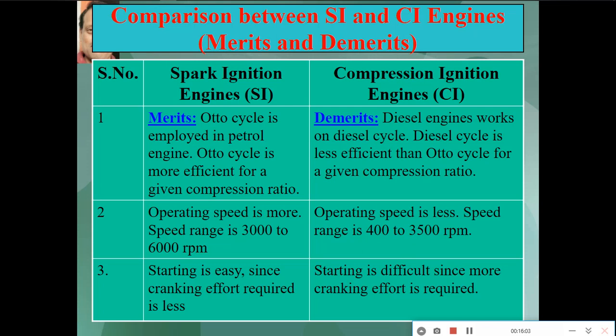People will prefer petrol engine for the easy starting as well as less maintenance. So when the vehicle is a light kind, people will prefer the petrol vehicle. When it is used for heavy duty operation, obviously compression ignition based diesel engines are preferable.